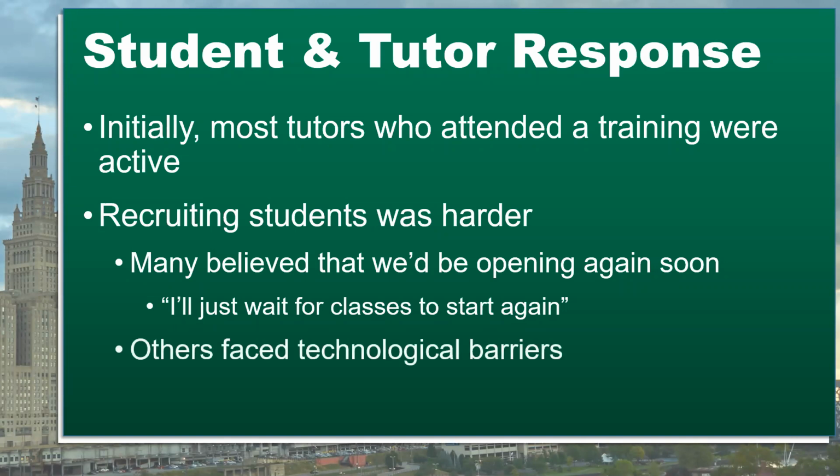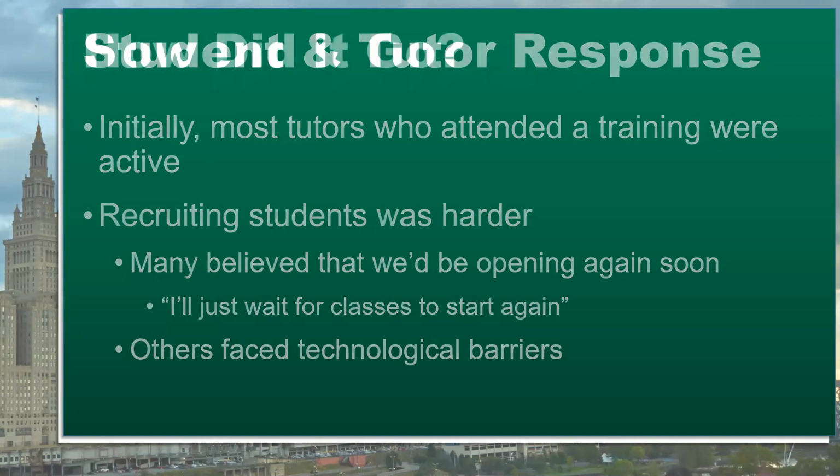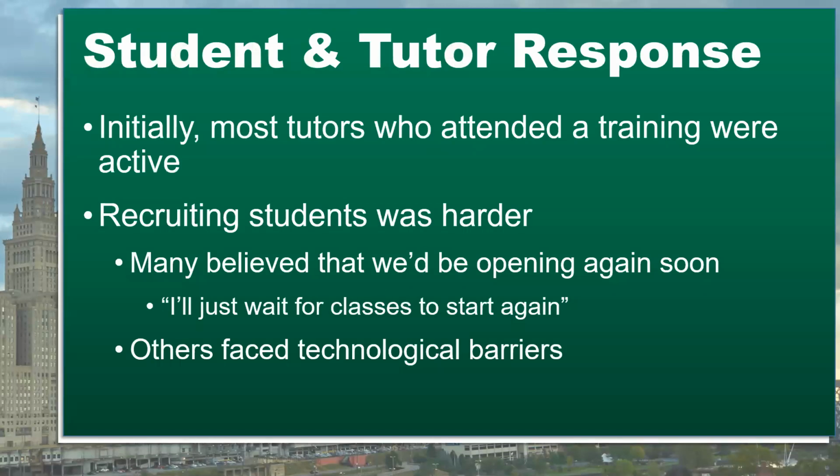The other big issue was technological barriers. The same barriers that students were facing already about lack of internet access or lack of comfort using a computer continued to be issues. So we actually found that even though we thought GoToMeeting was pretty easy to get into and was pretty accessible, a lot of people had trouble logging in.